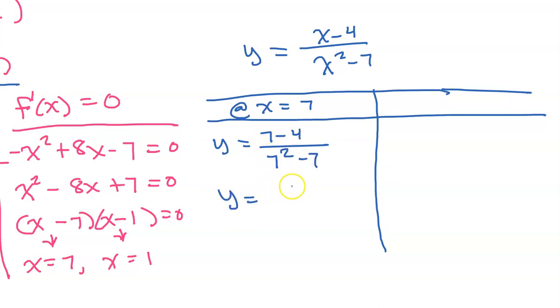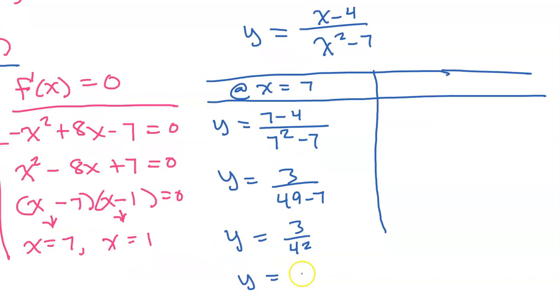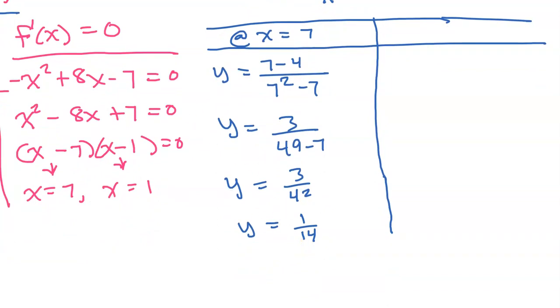So y equals 3 over 49 minus 7. So that means y is equal to 3 over 42. So that's y equals 1 over 14 once you reduce that. So combining this x value with this y value, we have the point 7 comma 1/14.